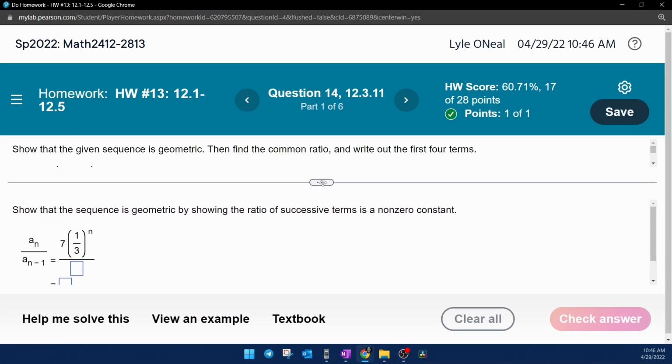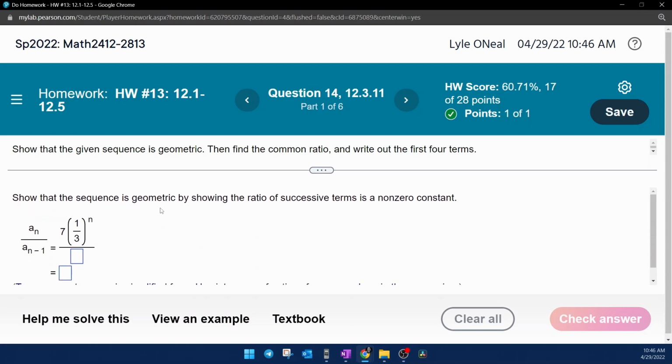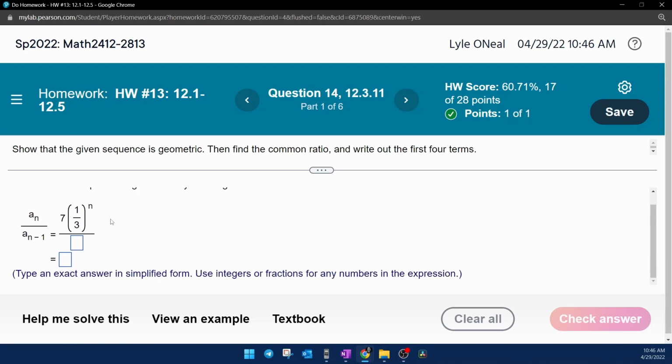And if I scroll down, it says show that the sequence is geometric by showing the ratio of successive terms is a non-zero constant. So here you can see the format that we're going to have to input to get our answer. We're going to have to do a sub n divided by a sub n minus 1.